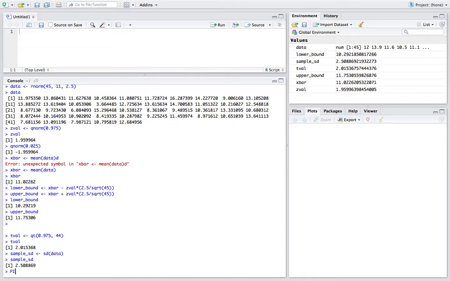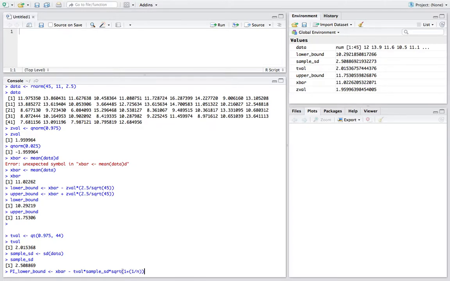Now we'll create our prediction interval lower bound using our pre-calculated x bar minus our t-value times the sample standard deviation, and then that is multiplied by the square root of 1 plus 1 over n.